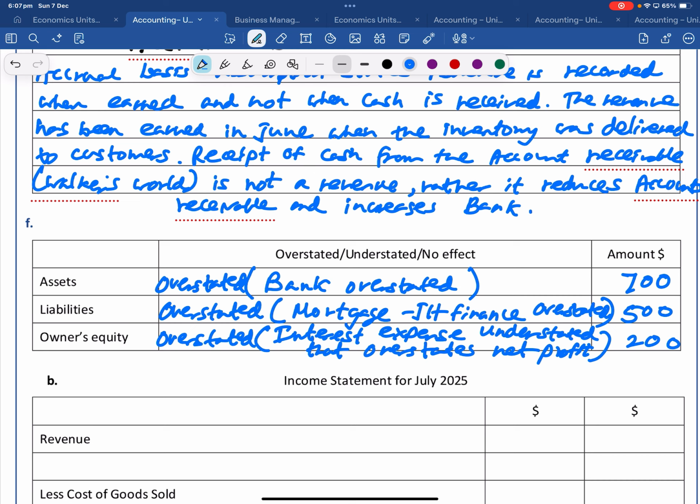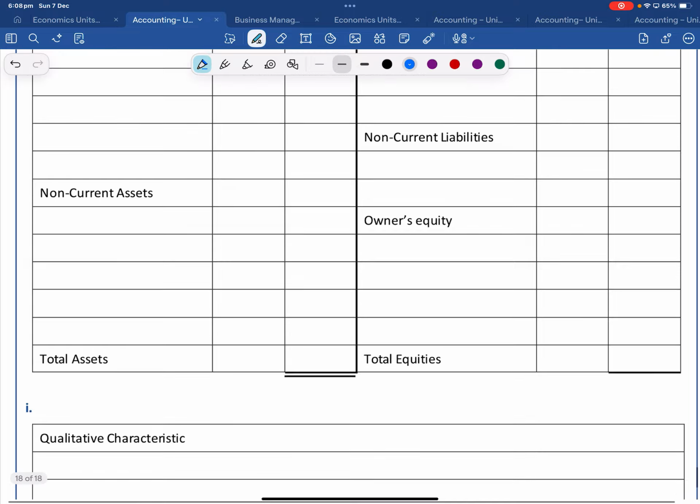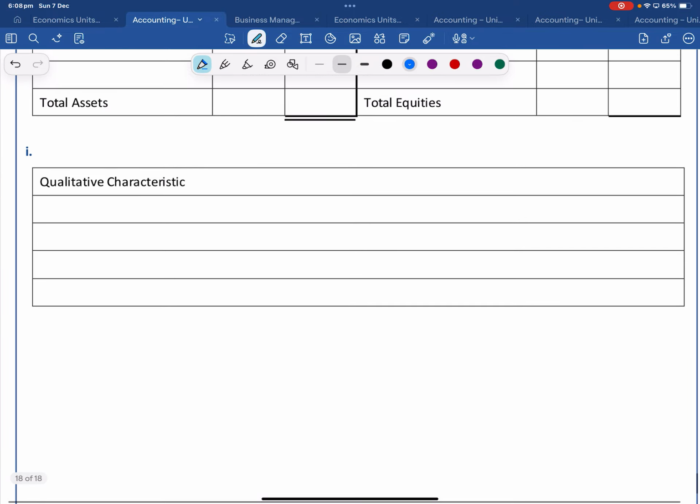We can't say exactly what is coming. That's why we are doing both formats, the explanation and also the table.